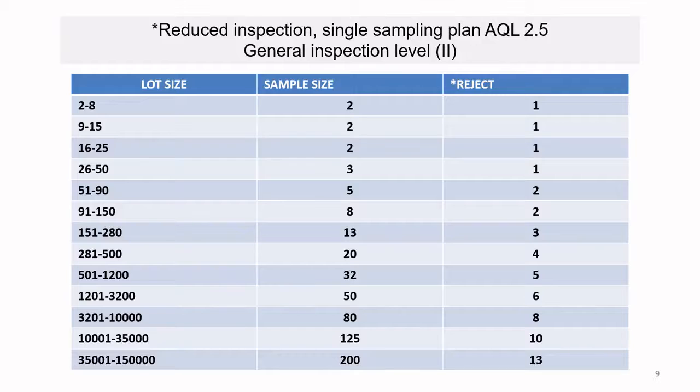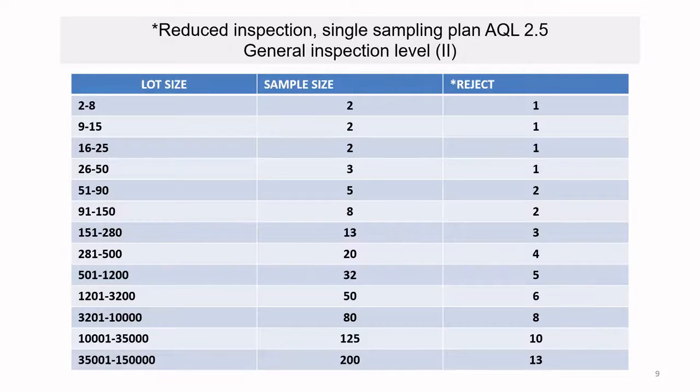AQL 2.5 means out of the total shipment, we will only accept the situation where 2.5% products are defective. If the percentage defective is more than 2.5, then your shipment is rejected. If the defective is less than 2.5%, then I will accept the shipment. That is the meaning of AQL 2.5.